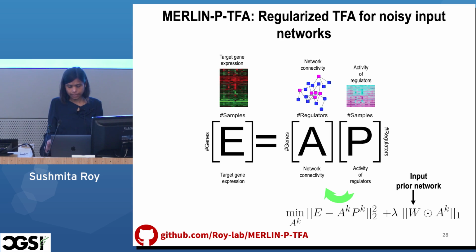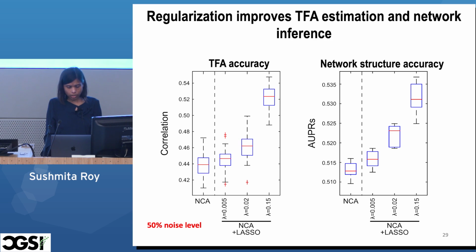Basically, this can be formulated within an L1 kind of penalty, and then it can help to do network inference. Again, based on simulations, what we call our method is NCA plus lasso, and based on correlation and AUPRs on simulated data, we can see that the quality of the TFAs that we get with regularized TFA is better.